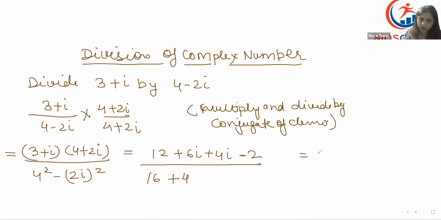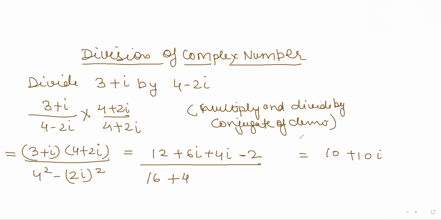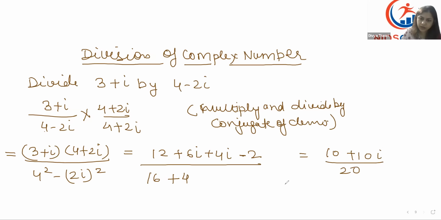On solving over here, I hope till here you are not having any problem. Divided by 20, so my a will be 1 upon 2 and my b will be 1 upon 2. Is it clear?